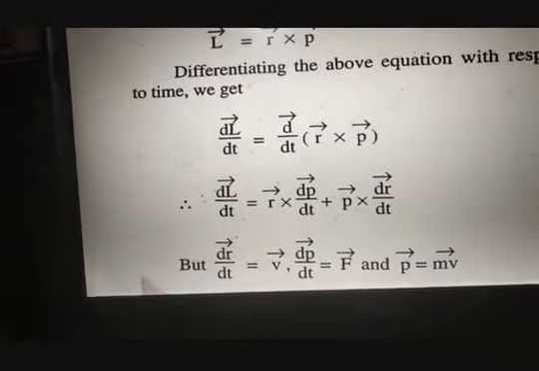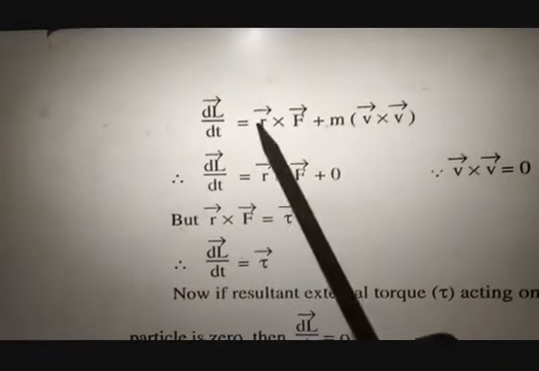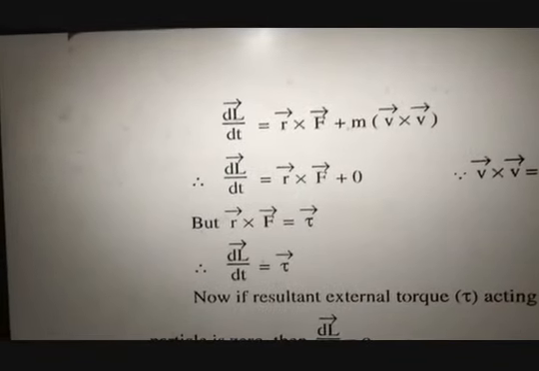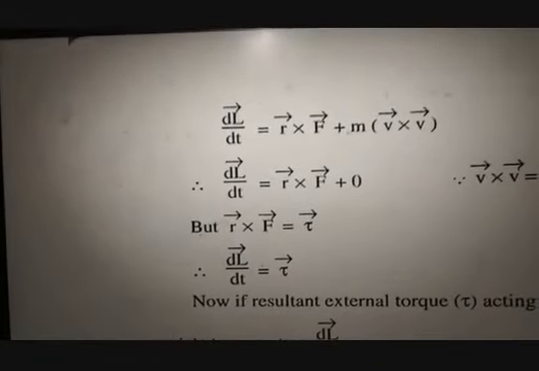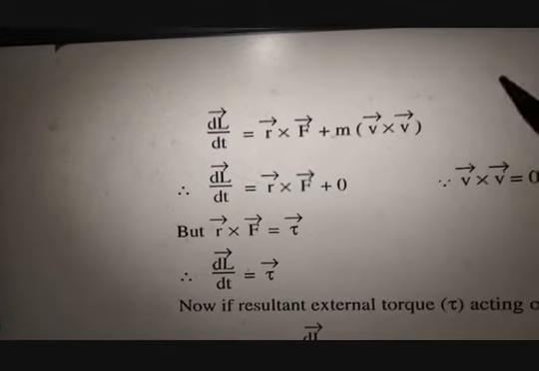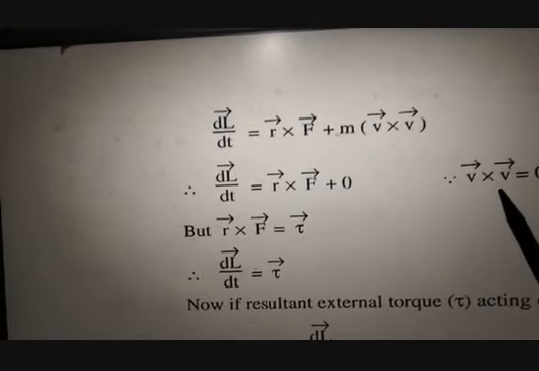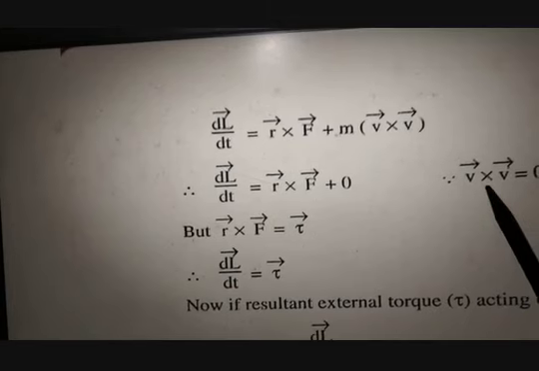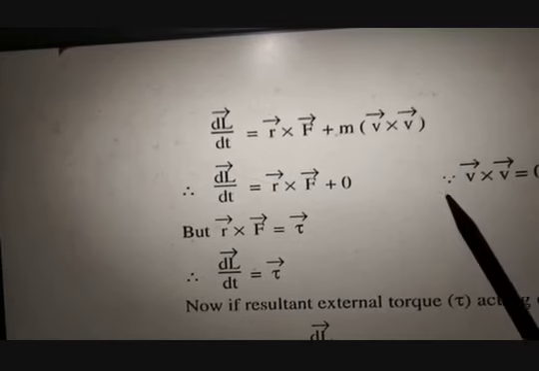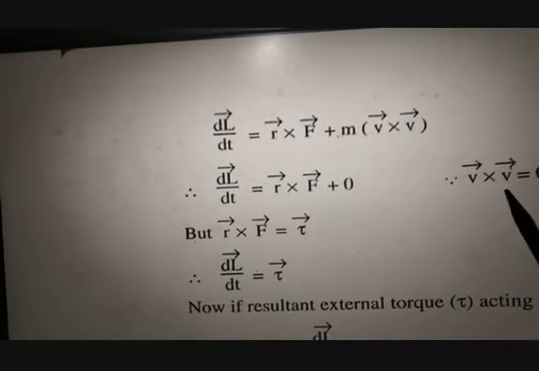Now let us see the next step. Therefore the equation we get is dL by dt is equal to r cross F plus m v cross v. Now you know the vector product of a vector with itself is 0.